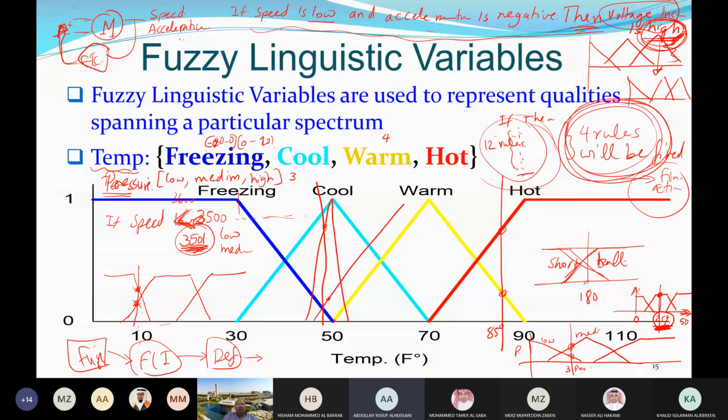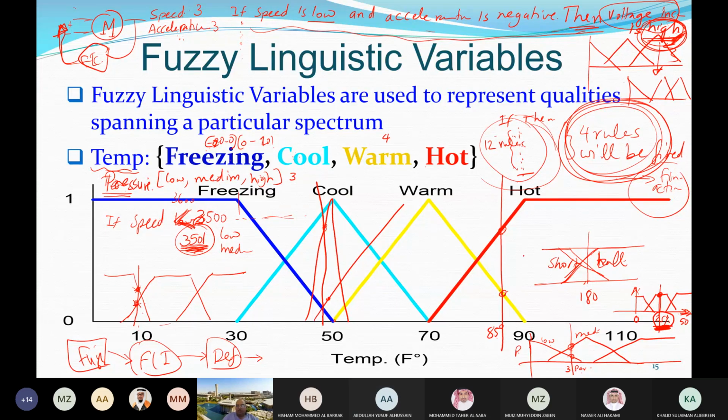Will we consider it to determine the voltage value? Yes, as I mentioned, we have here several rules. We have here 2 variables. If the speed is defined with 3 values, and the acceleration also 3 values, so we can construct 9 rules here, right? We can construct 9 rules.